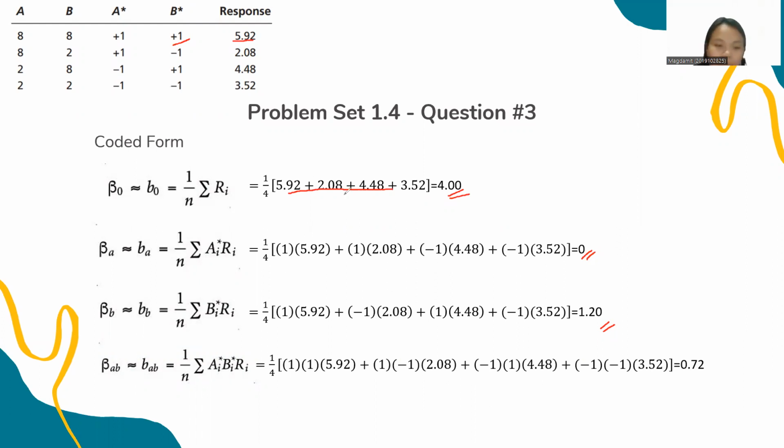For the fourth term, we will multiply a asterisk times b asterisk and the corresponding response. Then we will also multiply it by 1 over 4.